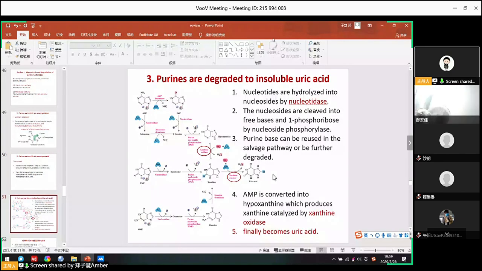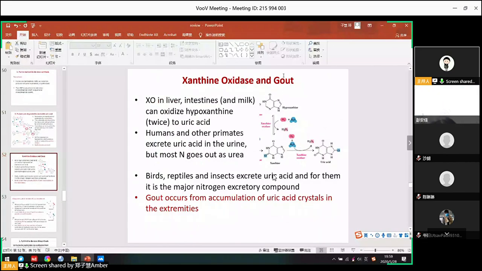Next part is purine degradation. Purine is degraded to the insoluble uric acid. You don't need to remember these steps here, but you have to remember that if you have high levels of uric acid, you will have gout. So you have to remember the disease here. What is the mechanism for this disease? It is the high accumulation of uric acid crystals in the extremities.